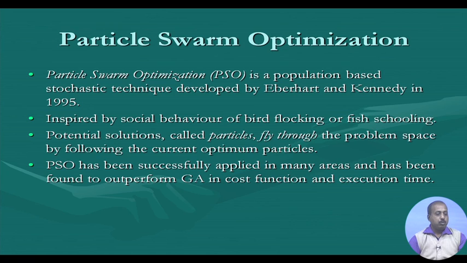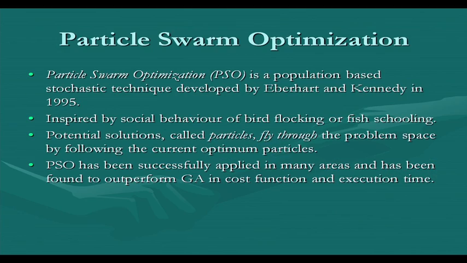Particle swarm optimization, PSO, is inspired by this operation. Every potential solution is called a particle, and it flies through the problem space by following the current optimum particle. Every particle is a solution, just as in the genetic algorithm every chromosome was a solution.